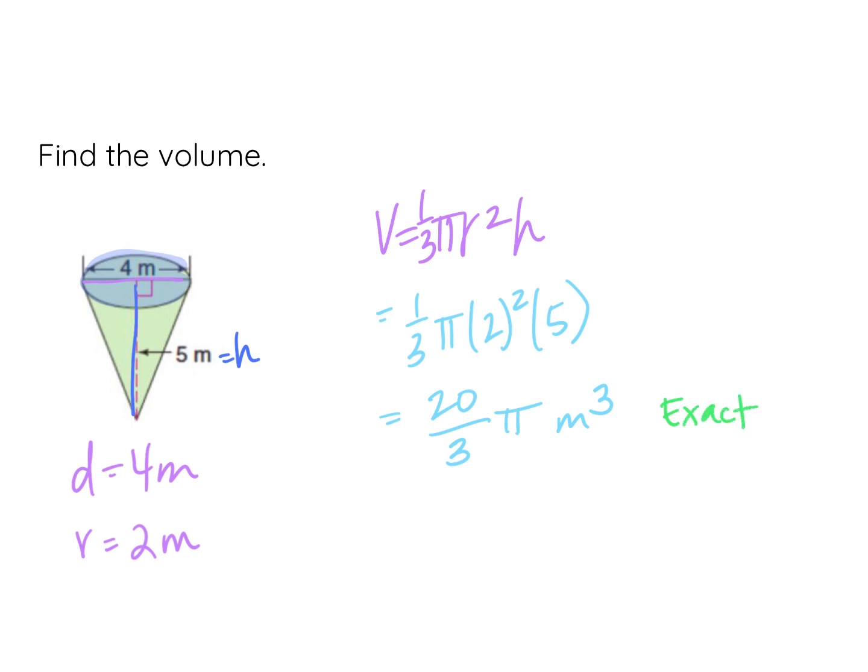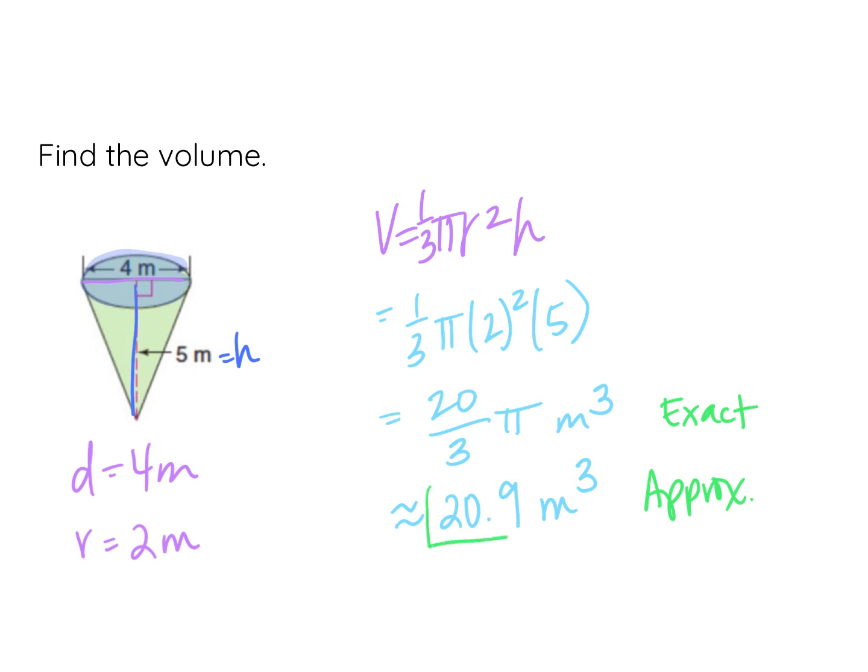I know it looks kind of goofy, and we might not have a real good understanding of what that number represents, but that's why if I want to plug that in, I can take 20 divided by 3 times pi, and that gives me approximately 20.9 cubic meters. And remember, that's my approximation.